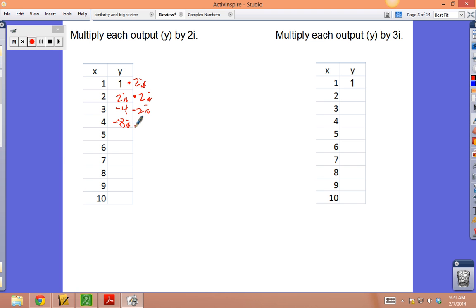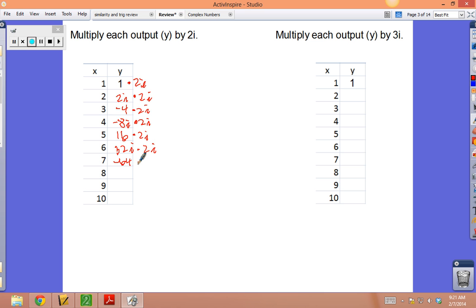A negative 8i times 2i, a negative 8 times 2 is negative 16, but i times i is a negative 1, so this is going to be positive 16. Positive 16 times 2 imaginaries is going to be 32 imaginaries. 32 imaginaries times 2 imaginaries is going to be 64 i squared. But i times i is a negative 1, so it's going to be a negative 64.